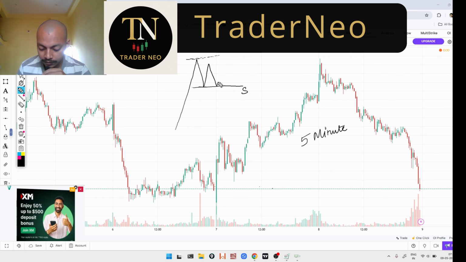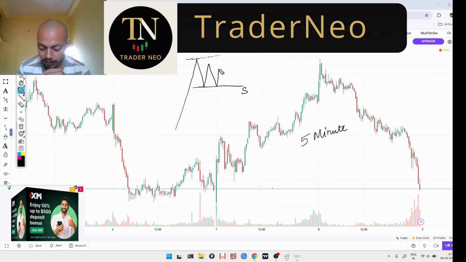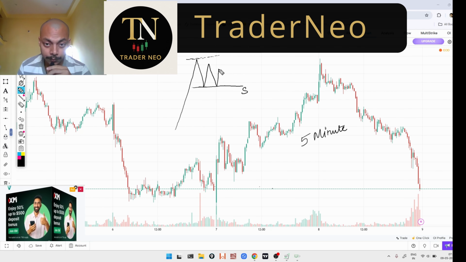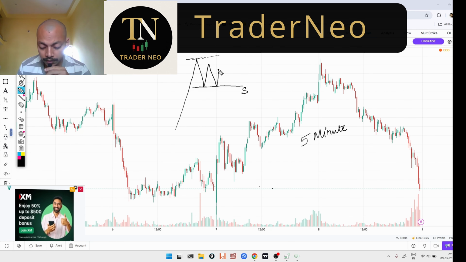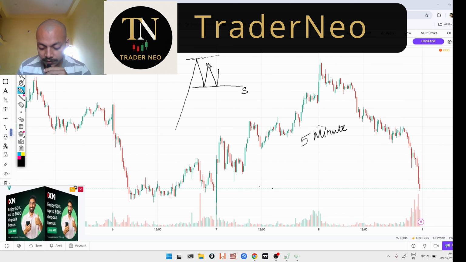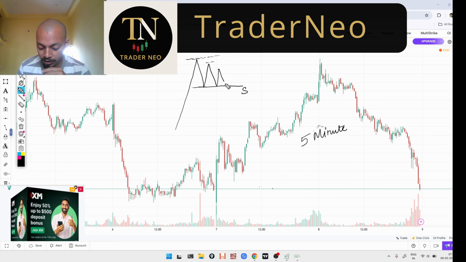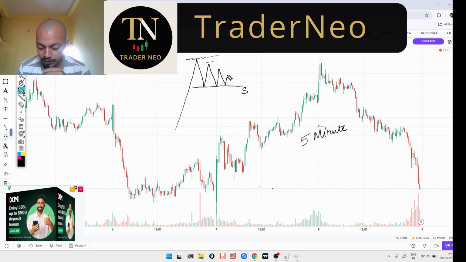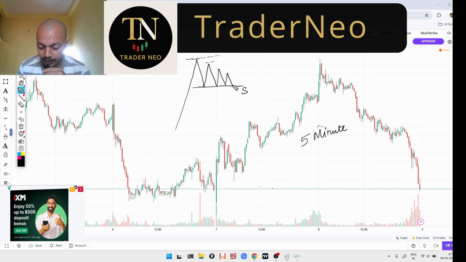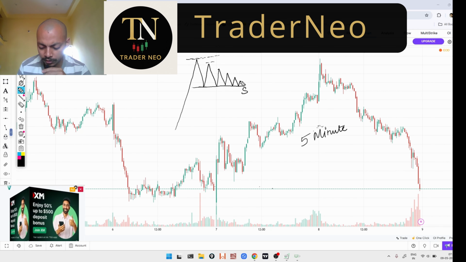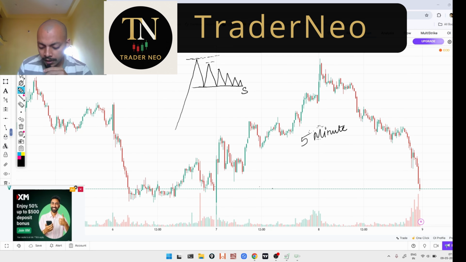Here it again finds demand. It goes up. However, as in the previous case, it does not reach the previous high, and comes down. This way it moves around 2 to 3 times depending on how the market situation is.